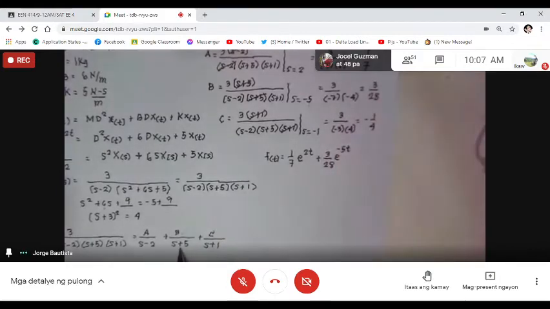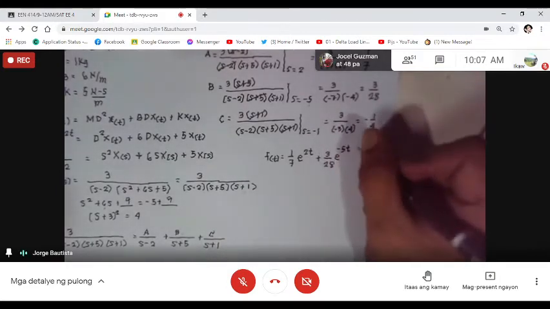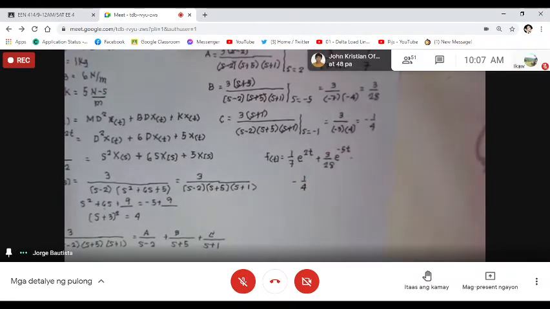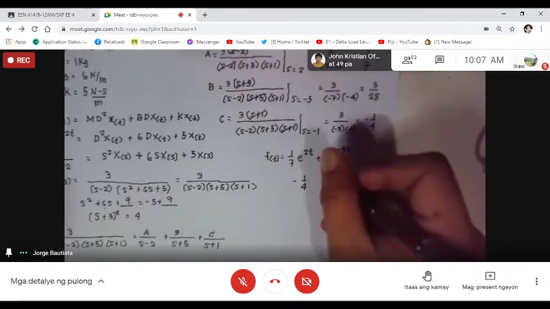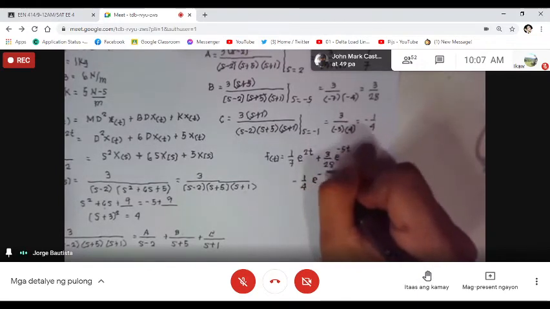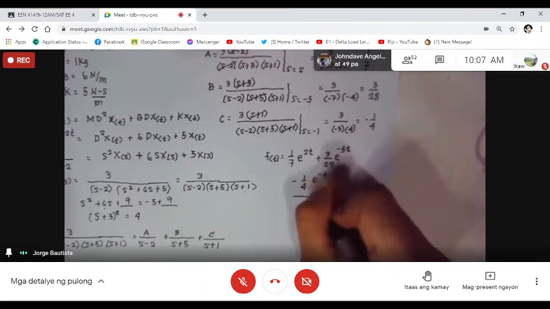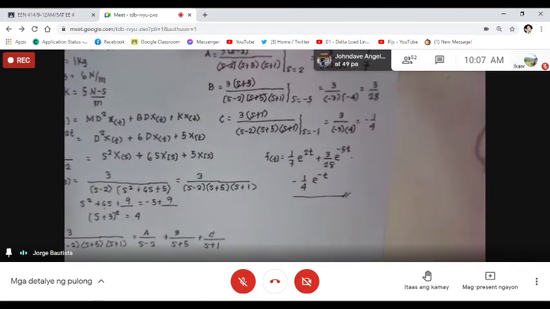Because this one is negative. Plus or minus 1/4, 1/4 e raised to negative t. Yan. So this one is our inverse Laplace. Okay?